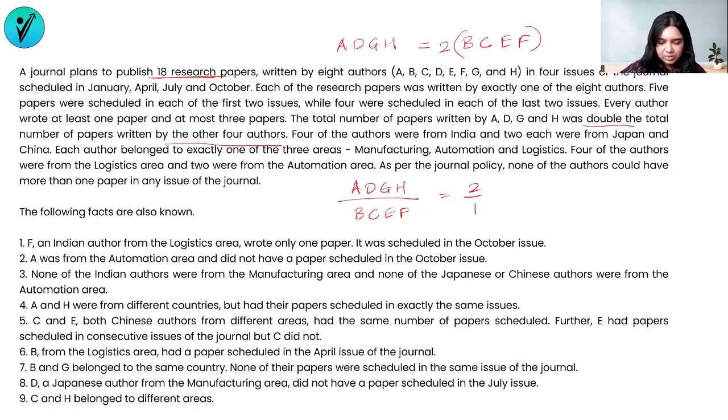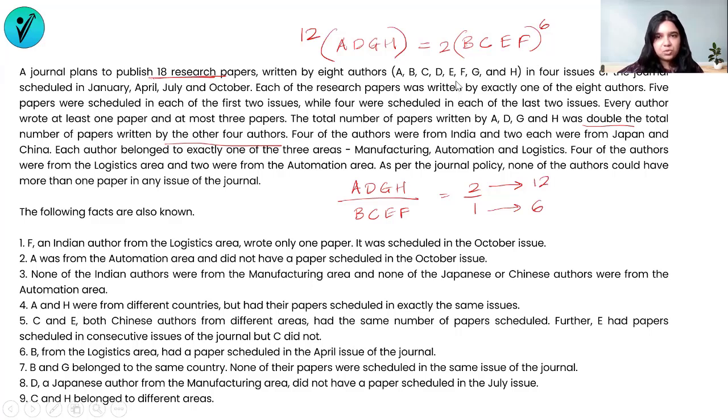So clearly, 18 is distributed in 3 parts. That means this will be 12 papers, and this group must have been 6 papers. So there are a total of 12 papers that this group has published, and a total of 6 papers that this group has published.